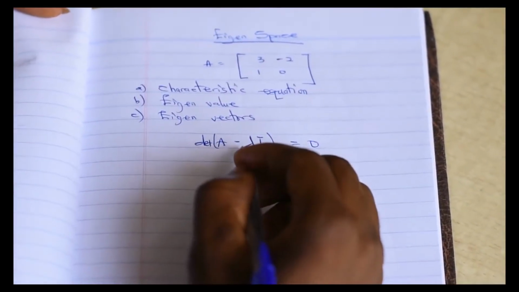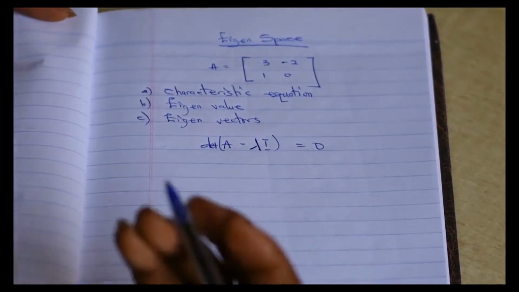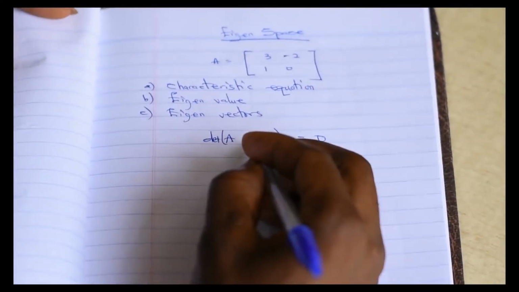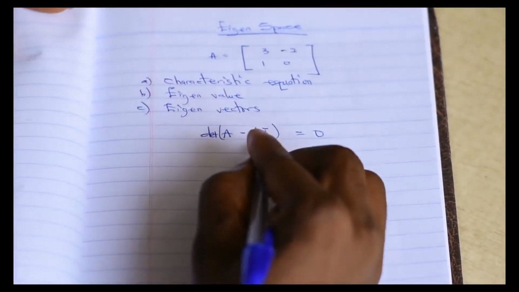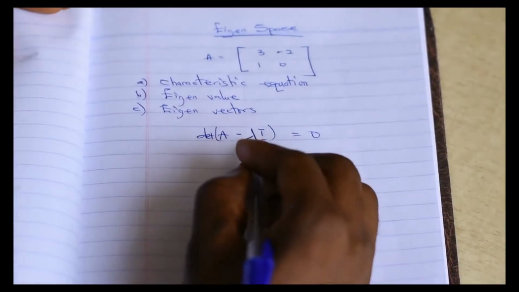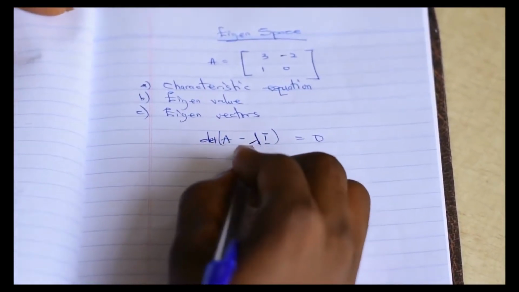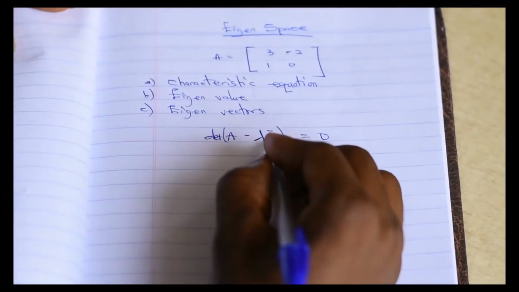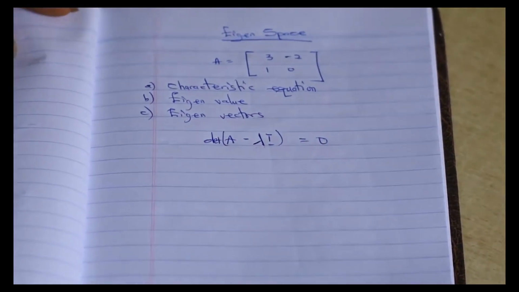Meaning this matrix is a singular matrix. So we are supposed to form a singular matrix by subtracting this matrix from the original one, and this matrix is formed by multiplying the eigenvalues by the identity matrix.